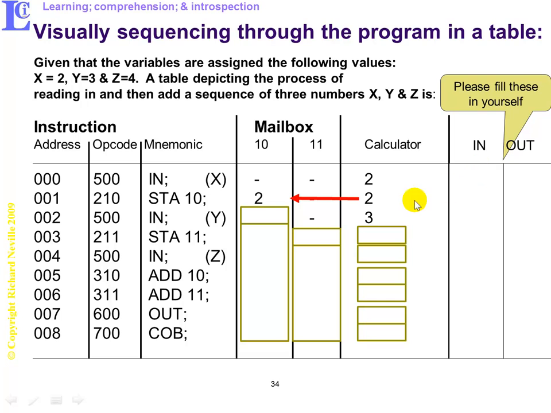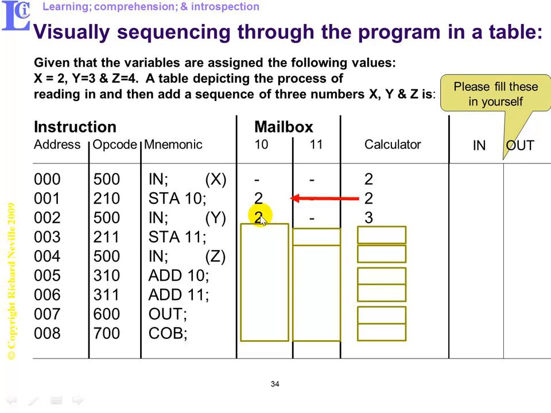Now the data is moved from the calculator in the next instruction after the in. So at the moment, remember, let's go back a step, the 2 has not been overwritten. There's no instruction overwriting 2, so 2 must be written down here. If you leave a blank, you will get marked down. 2 is in the mailbox, remember.